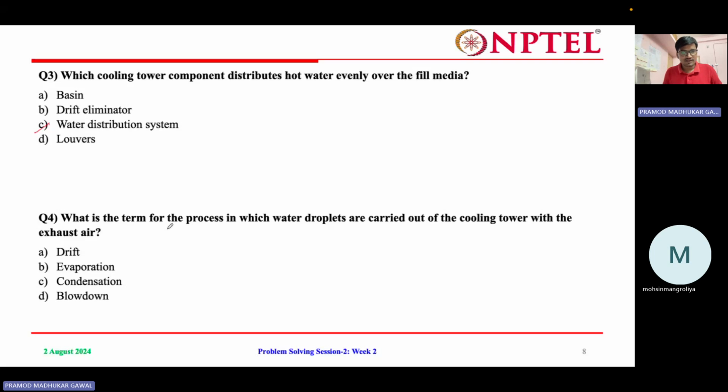Now the next question: what is the term for a process in which water droplets are carried out of the cooling tower with the exhaust air? Above the water distribution system, as I explained, there is a drift, right? The drift is used to carry out water droplets with the exhaust air.